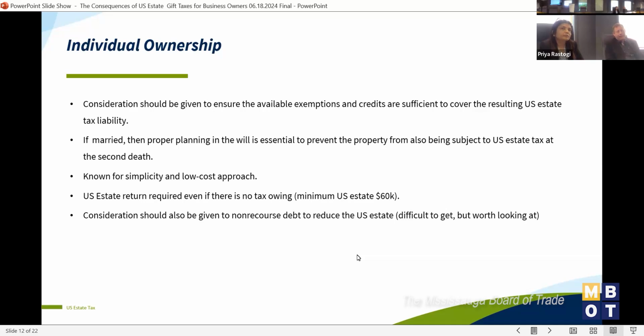It can't be personally guaranteed. It's only offset with the US situs asset. A margin loan is possibly workable, but I've only seen it a few times where it's been workable, because most of the time people don't like the cost of having the non-recourse debt, but it's worth looking at.